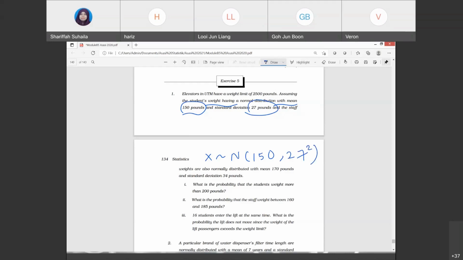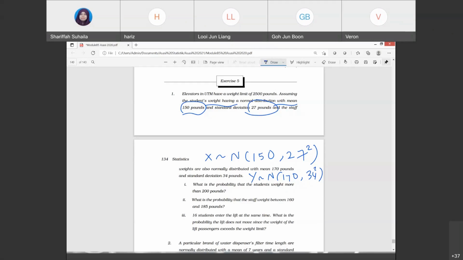Let's say we use another random variable, Y, for staff weight, with mean 170 and standard deviation 34, again mu and sigma square. So the first question you want to find is the probability that a student weighs more than 200.